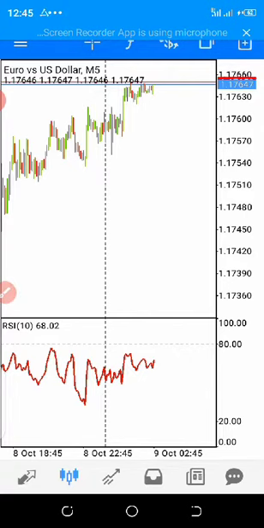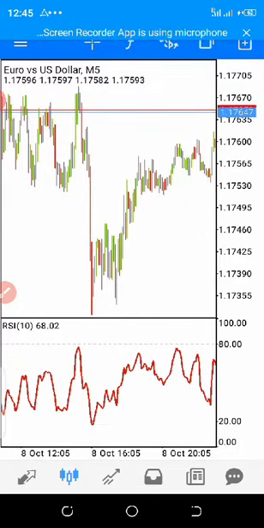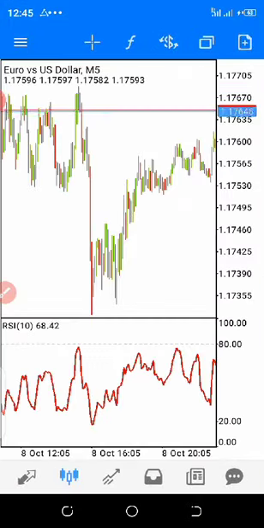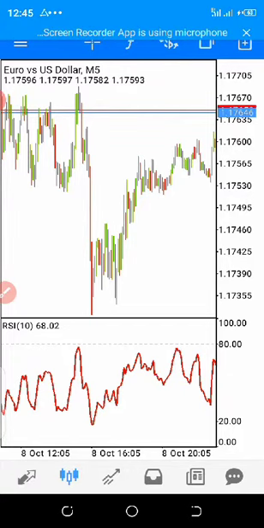And if you want to know how to detect the trend, there's what is called the moving average. Let's go to moving average. What you need to do, see the F button here. You go to the F button here.